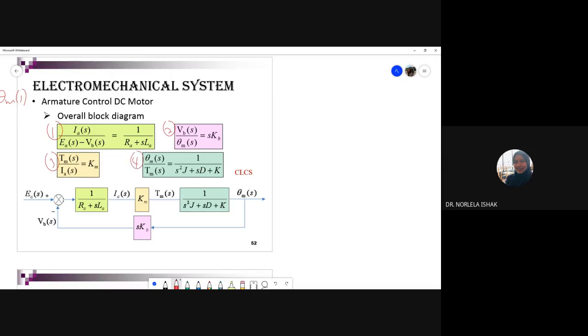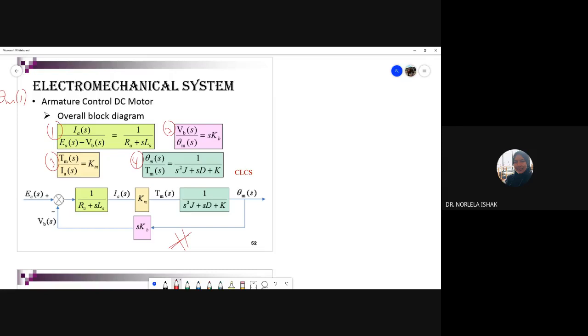From equation number 1, say the question asks you to draw the individual subsystem, or draw the individual block diagram for the system. So for system 1, you have to draw the individual block diagram. This one is a complete block diagram, but what is the individual? Individual is from equation 1. How do you draw the block diagram?